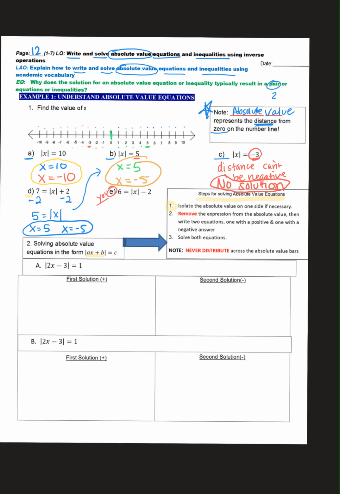Step 2 would be to remove the expression from the absolute value and then write 2 equations, one with a positive and one with a negative answer. Then 3, you solve both equations, and you guessed it, using inverse operations. My spelling is terrible.